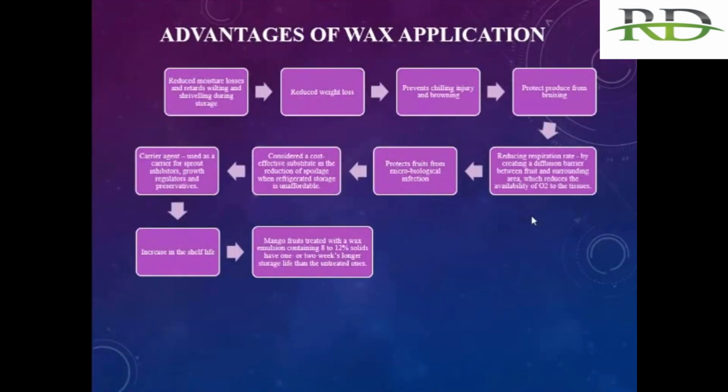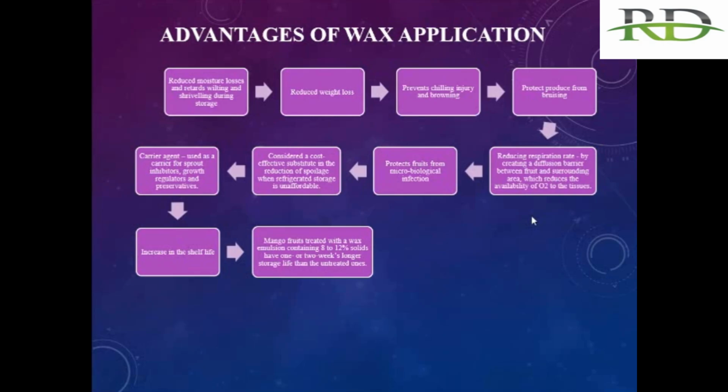Advantages of wax application: it reduces moisture losses, and retards wilting and shriveling during storage. Weight loss can be prevented. Chilling injury and browning can be prevented. It protects produce from bruising. It acts as a carrier for sprout inhibitors, growth regulators, and preservatives.